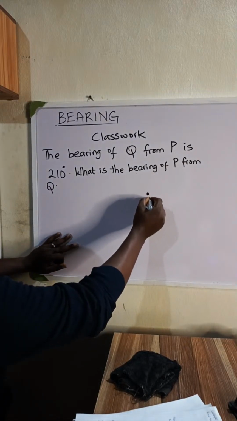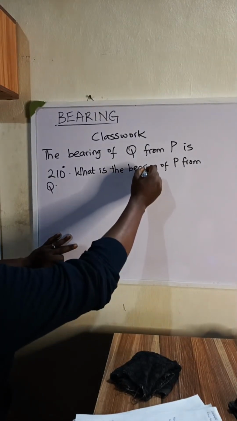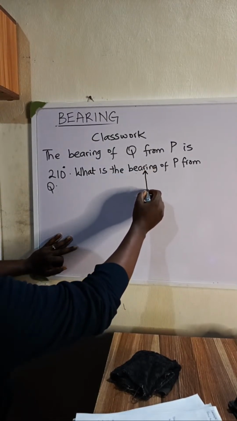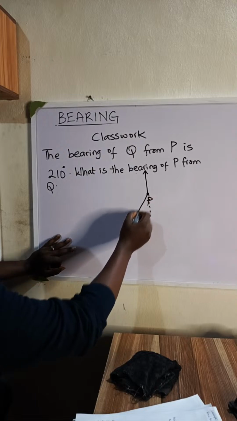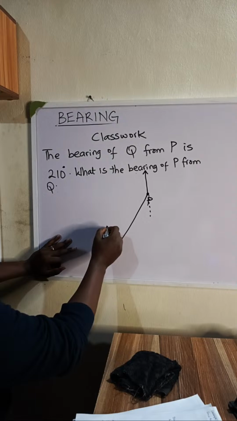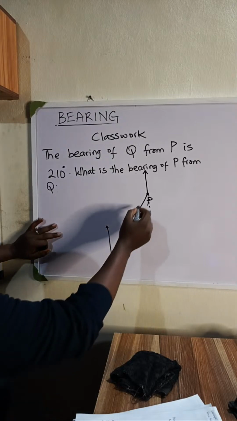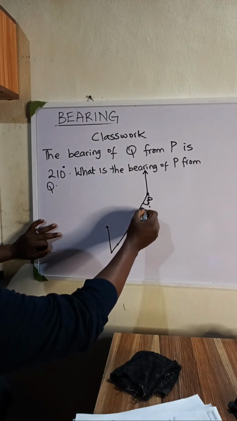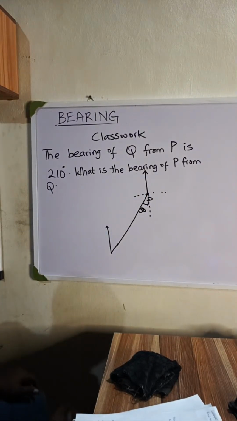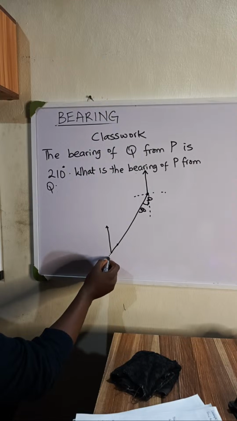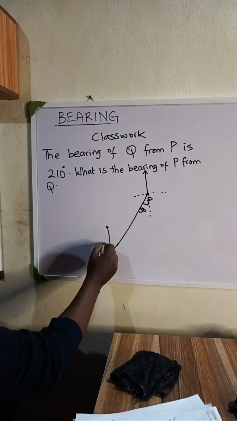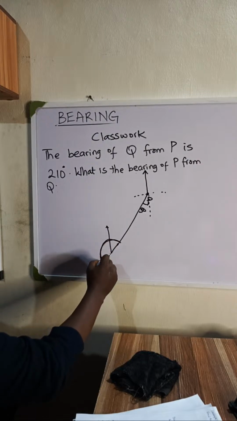So if you have P here, we know that the direction is this way, and you have north. This is 30 degrees, we know. So what is left here, because if you continue this journey, there is a 180 here, right?